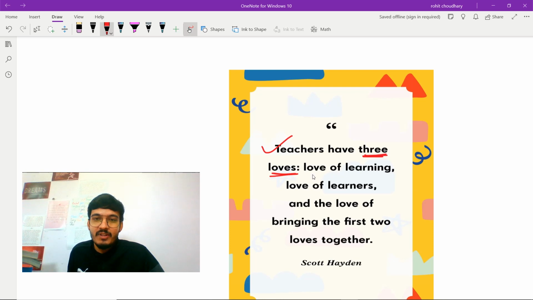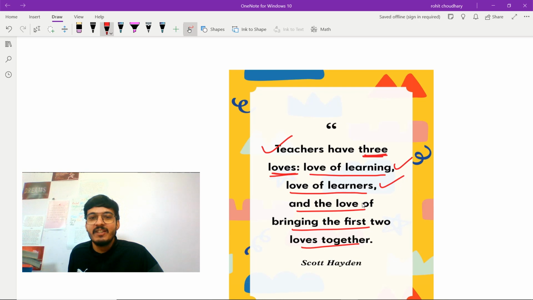The first one is love of learning, the second one is love of learners, and the third one is the love of bringing the first two loves together. I repeat, teachers have three loves: love of learning, love of learners, and the love of bringing the first two loves together. I found it very inspirational, and it is said by Scott Hayden.